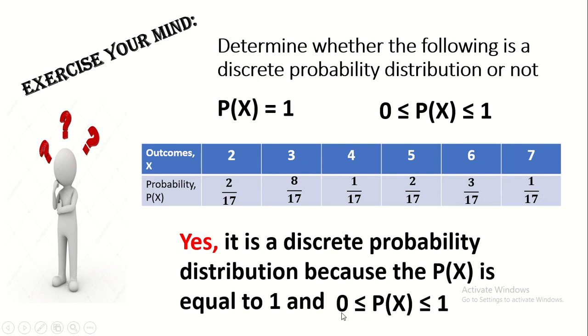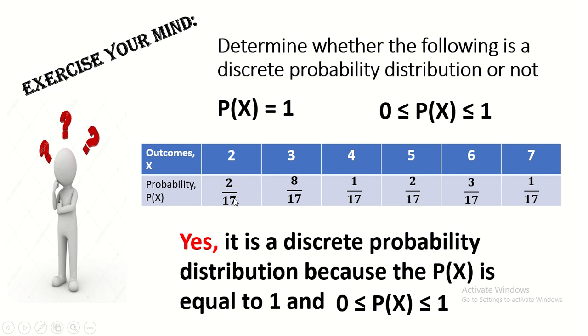At syempre, na-follow niya rin yung property number 2, which is yung P of X daw dapat hindi negative. So obviously, wala namang negative dito. Okay? At dapat daw ang P of X niya ay hindi tataas kay 1. Hindi pwedeng maging 1.1 pataas. So kapag dinivide natin yung 2 divided by 17, that is not equal to 1.